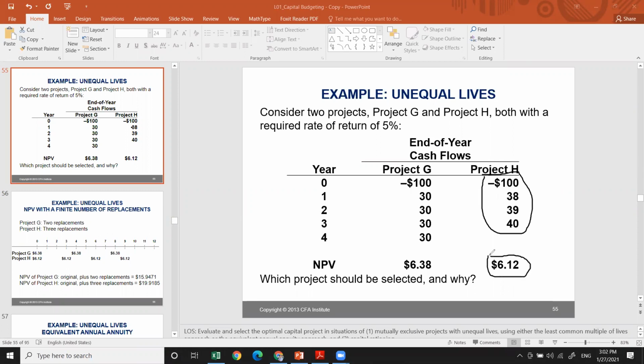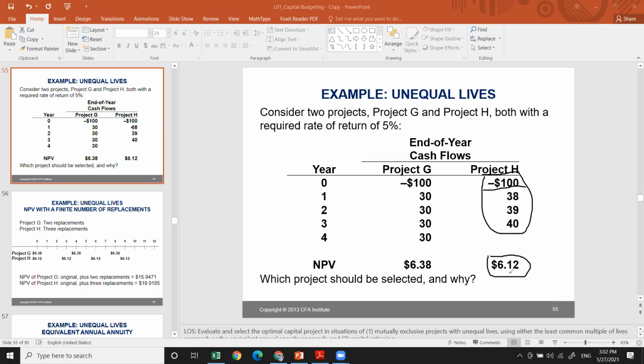Then again, you reinvest $100 because you know how it works. You reinvest again, it works, you earn your money again. You reinvest again, it works, you earn your money again. And you do it until you reach the common number of division of the 2 projects in order to compare which project would be more beneficial to you.